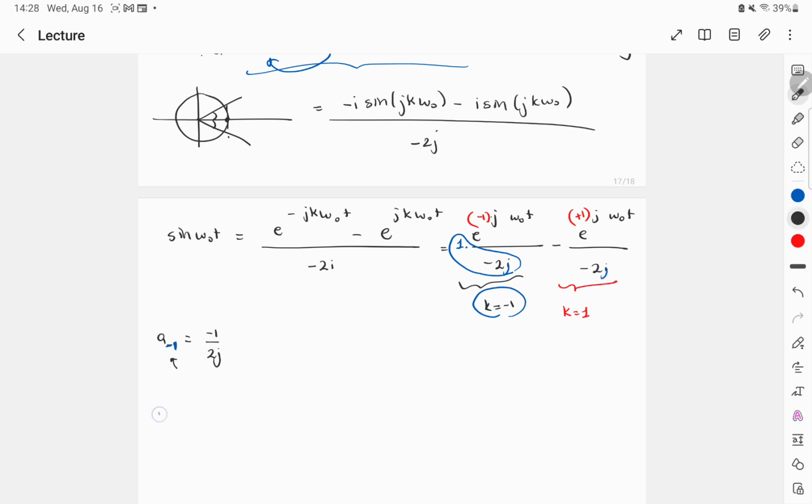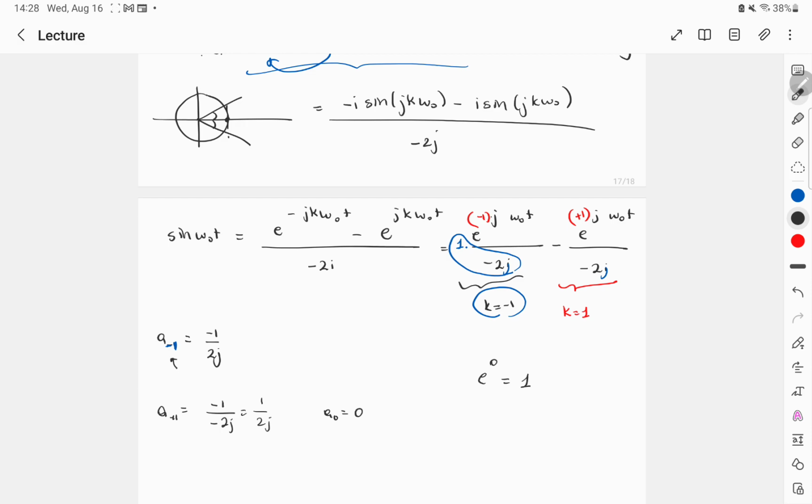And then similarly, a plus 1 equals minus 1 over minus 2j, which gives us 1 over 2j. And that's it. And we have a 0 equal to 0, because we don't have any value, so it means it was e to the power of 0, and it gave us 1, and so we didn't show it.